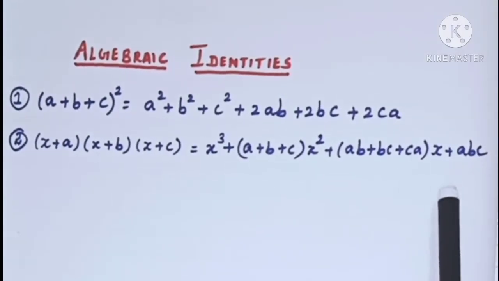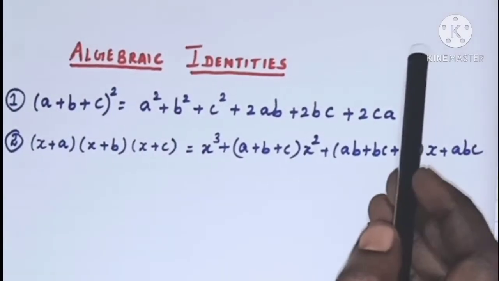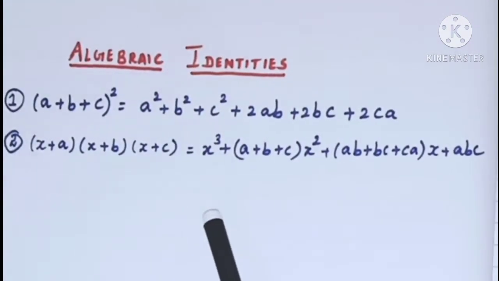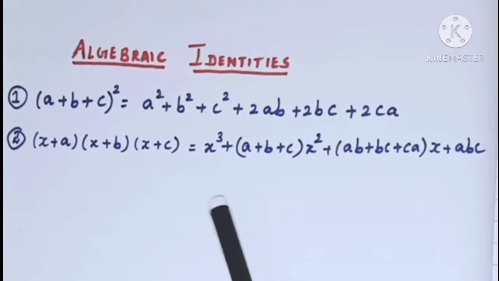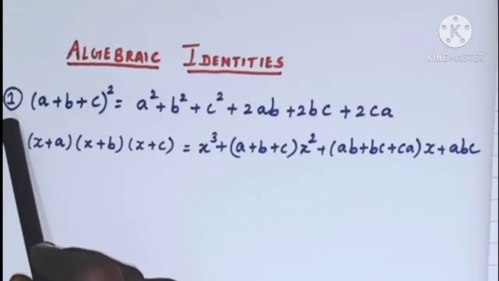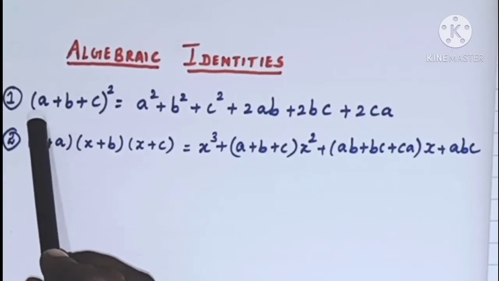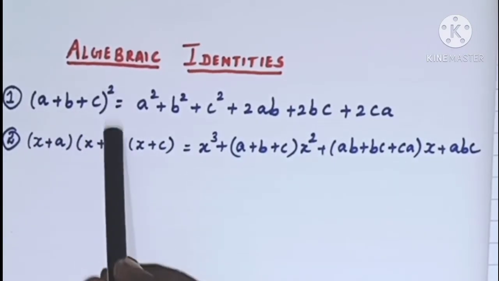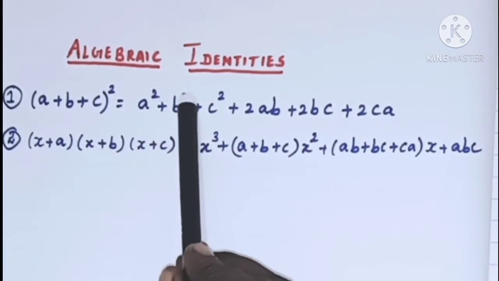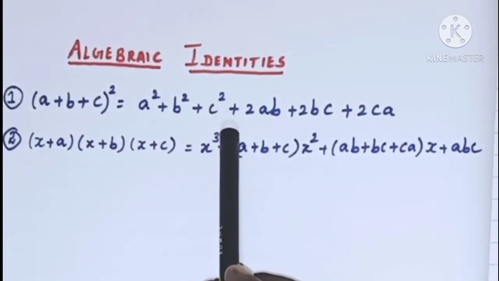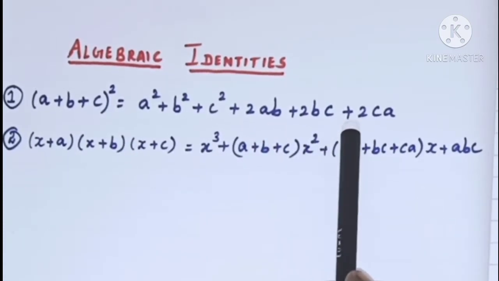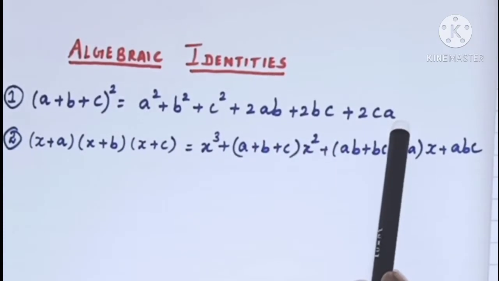Before entering exercise 3.4, let's see some of the algebraic identities which we used in exercise 3.4. Algebraic identities. The first algebraic identity is (a plus b plus c) the whole square is equal to a square plus b square plus c square plus 2ab plus 2bc plus 2ca.